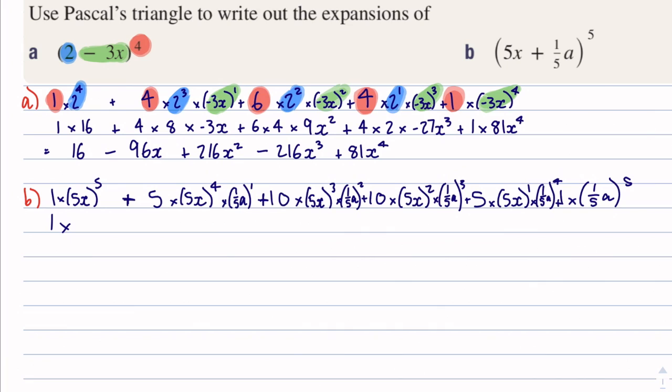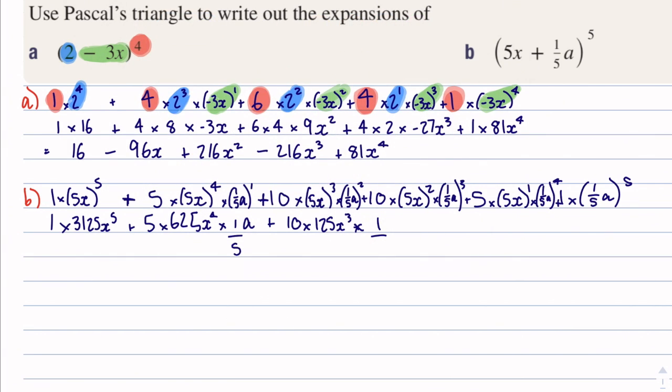Okay, I'm going to use Google as a calculator. 5 to the 5 is 3125x to the 5, plus 5 times 5 to the 4, which is 625. 625x to the 4 times 1 on 5a, plus 10 times 125x to the 3 times 1 on, I should do these as big fractions.